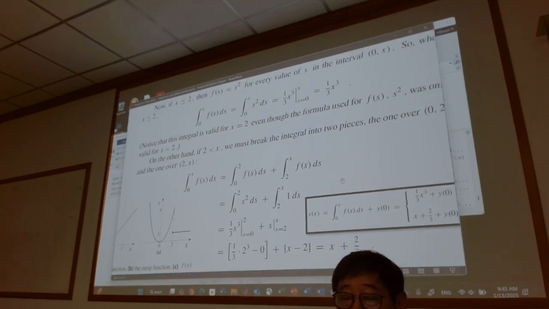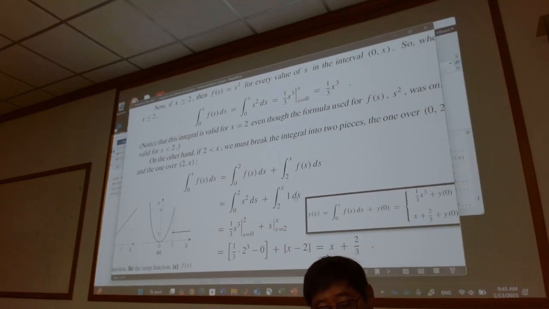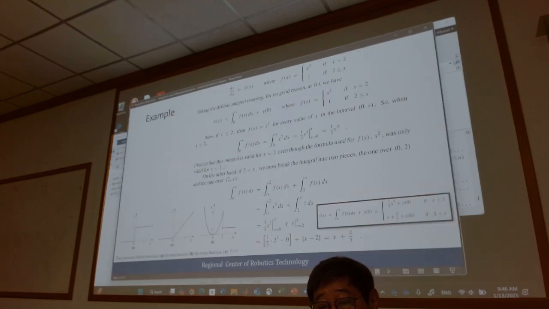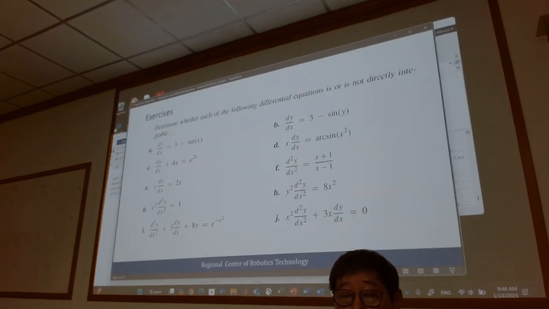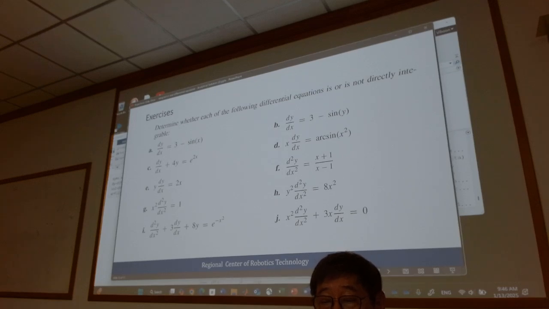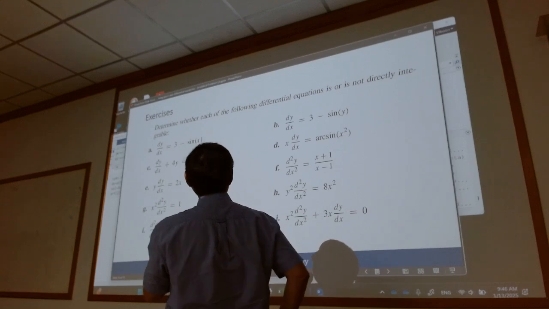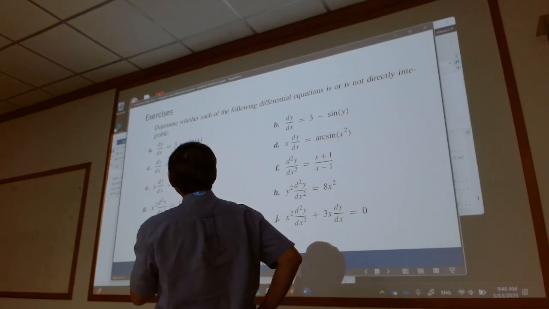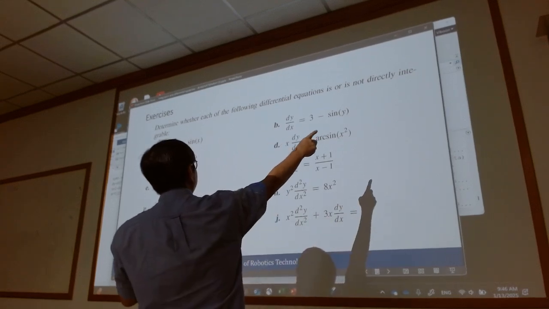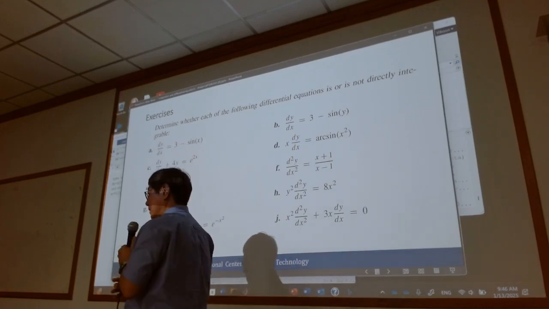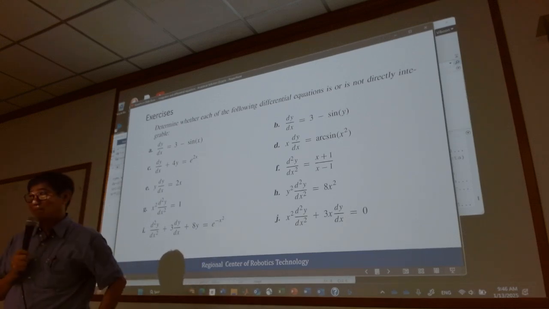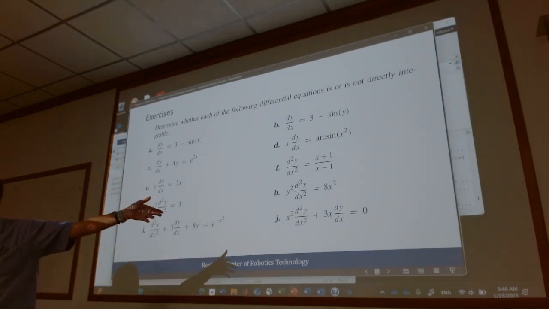You learn a lot from this, even from calculus. This is an assignment: determine whether each of the following differential equations can be solved by direct integration. Try to integrate.